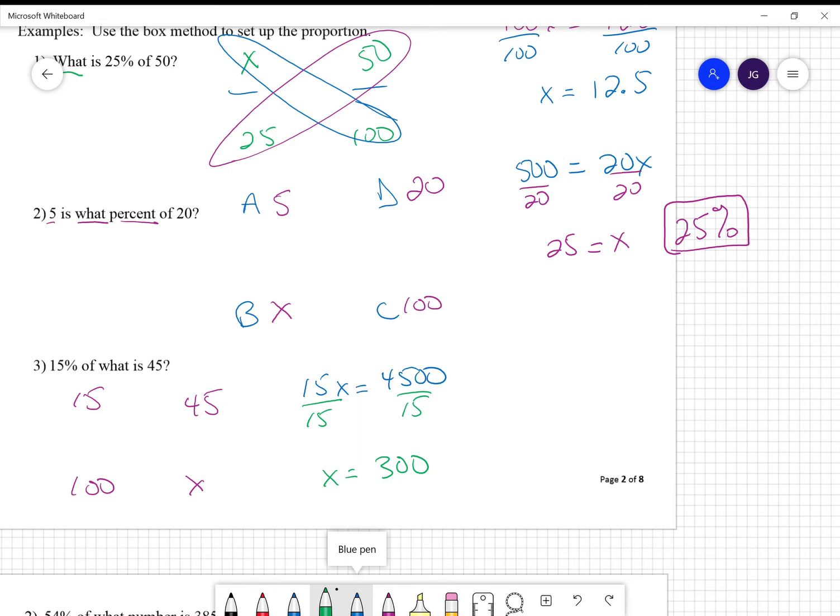Okay. There is another method called the is over of equals percent over 100. And if you're familiar with that, you can use that also. I'm actually going to slide this over and we'll do these same problems using is over of.